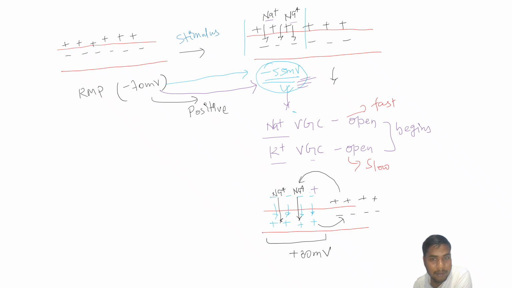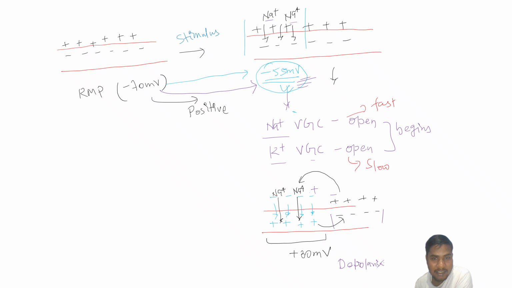Because of jumping, negative becomes positive and positive becomes negative. So the membrane potential changes at this site in a later stage, and the next site will be depolarized in the next step. So this is the case of depolarization. So we have gone from polarization to depolarization.